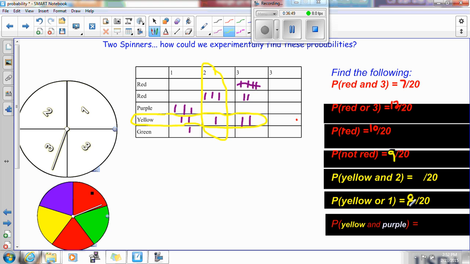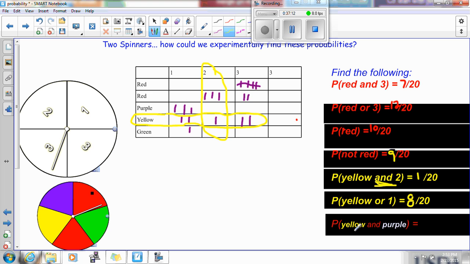But when I say and, it can only be yellow and 2. It has to be both, which is just this one in the intersection of the two, the column and the row intersect at 1. So the and is the intersection. The or is all of them, the union.